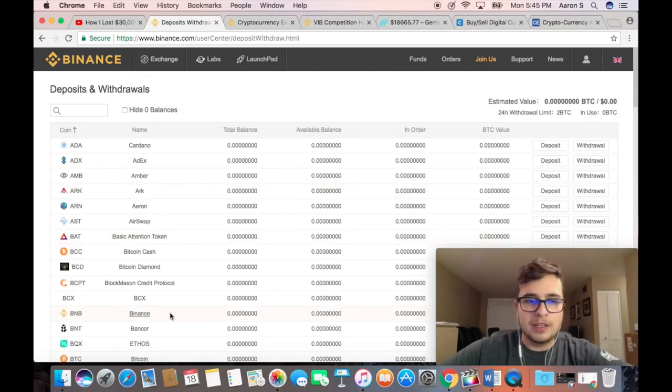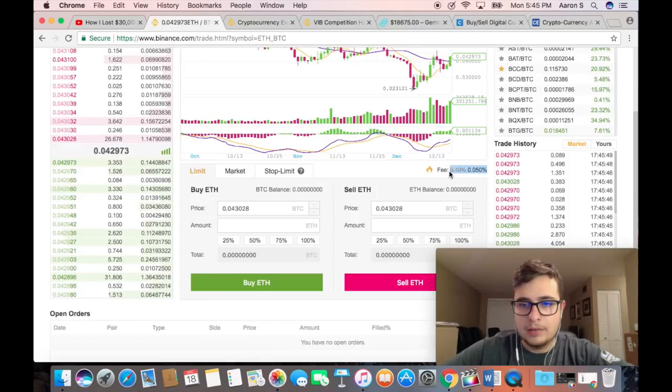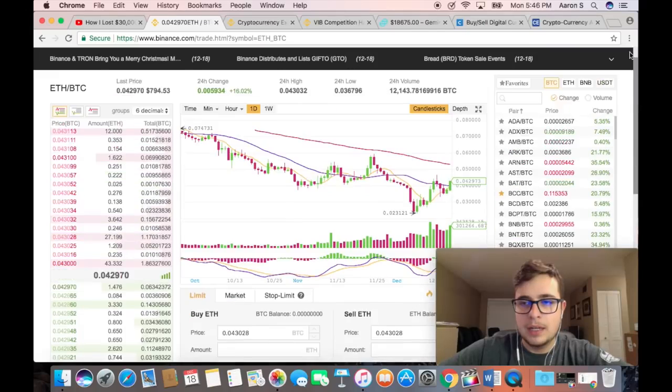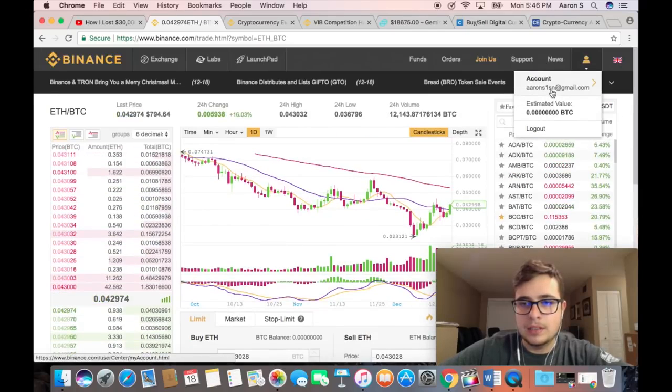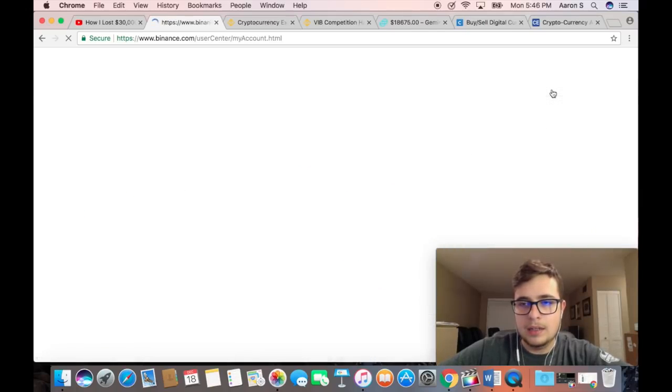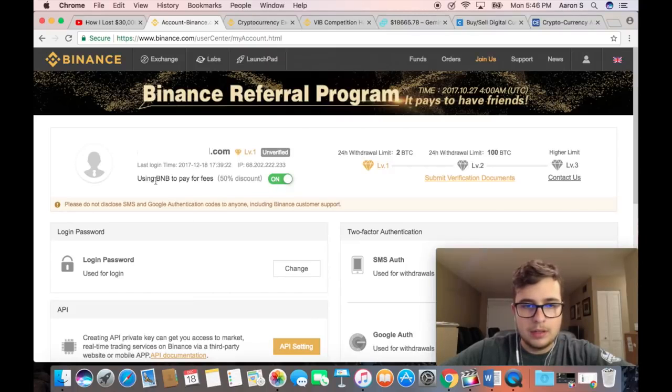This is not financial advice, but if you get a few of them, you get a discount in the fee. So instead of 0.1% of each transaction Binance was supposed to be getting, they get this amount because you're using BNB. And the way to set that up is in here. Make sure this is on. And you've purchased BNB, which I will show you how to do in the video.